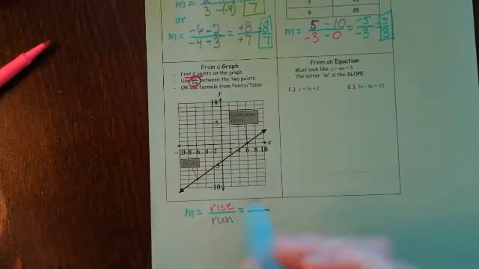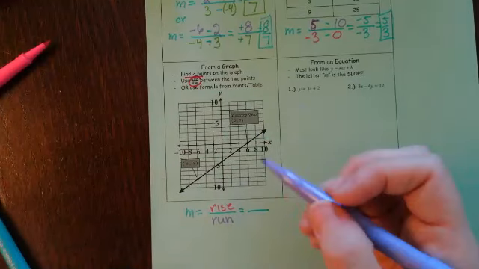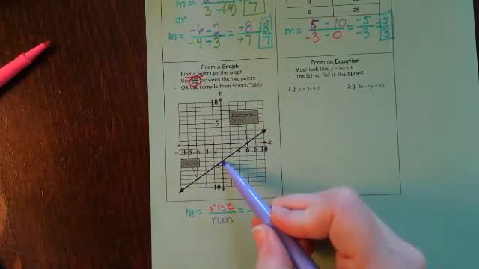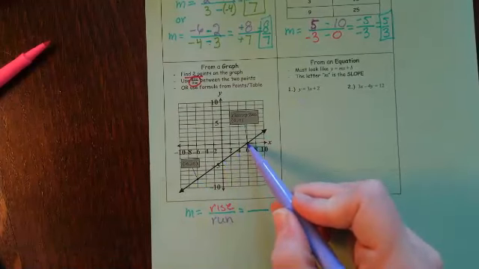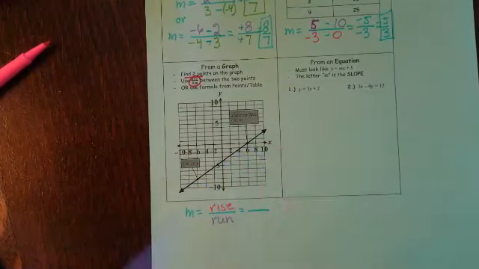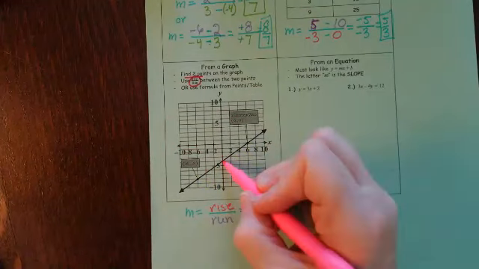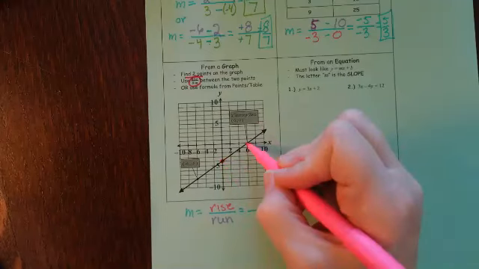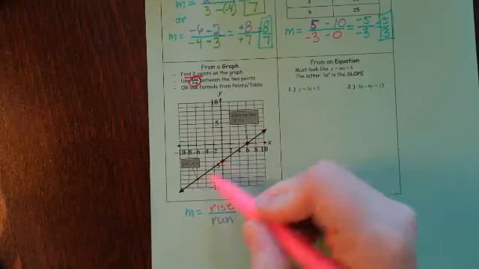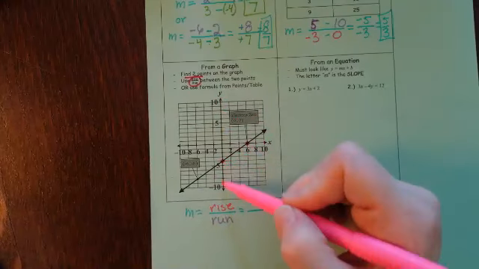So for this example, I'm going to pick 2 points. Now this is a point here for me, or I could use this point. It looks like a good point. And I see another point here. So it doesn't matter. Just pick 2 points. So I'm going to choose this point here and this point here. Now this is a special point right here. This is where our line is crossing the y-axis.